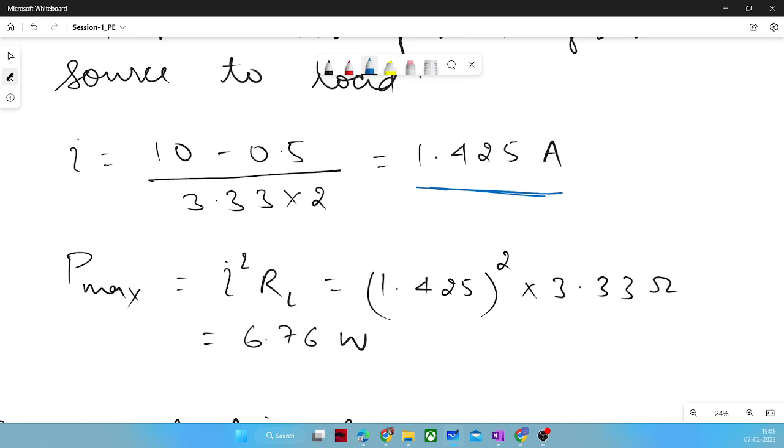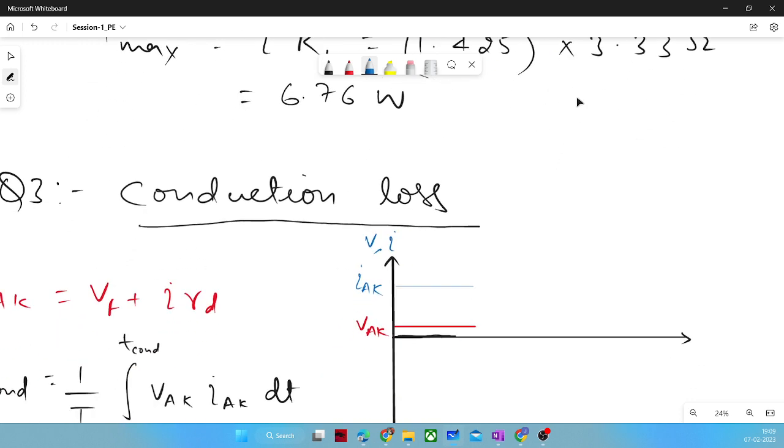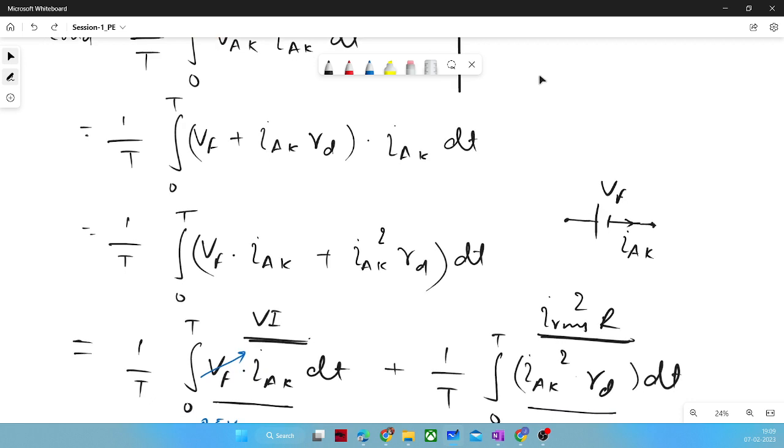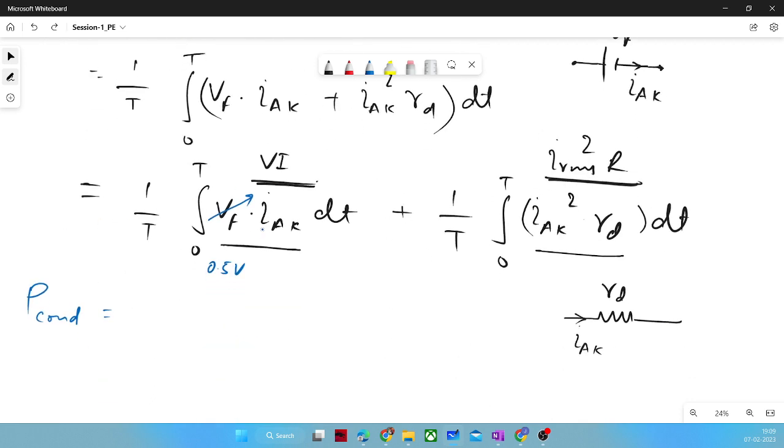Okay, 0.5 volt, 1.425 ampere. And again, for a constant signal, there will not be any difference between RMS and average. If any signal is flowing constant, RMS and average value will be the same, right?